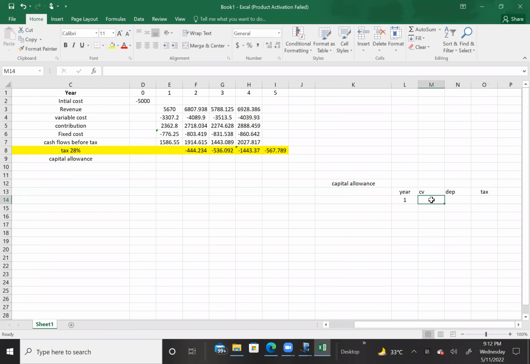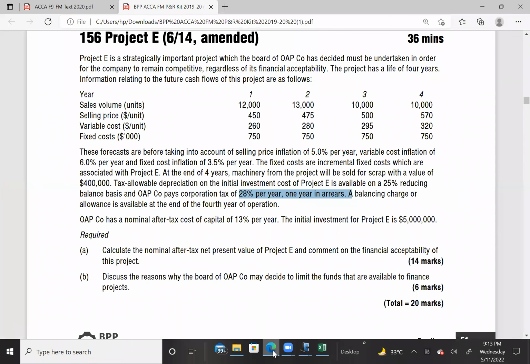So year 1, the carrying value was 5,000 and the depreciation is 25% on reducing balance.